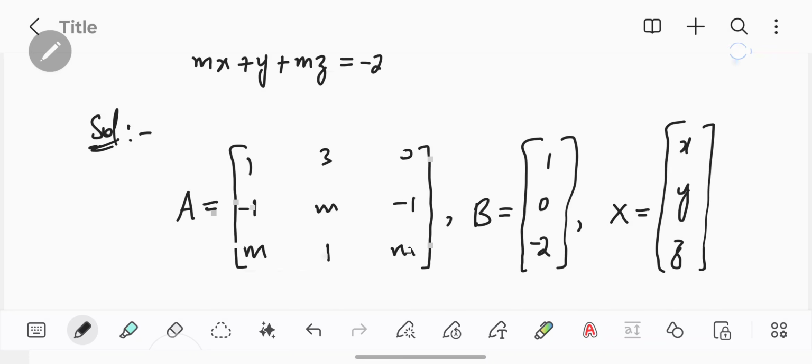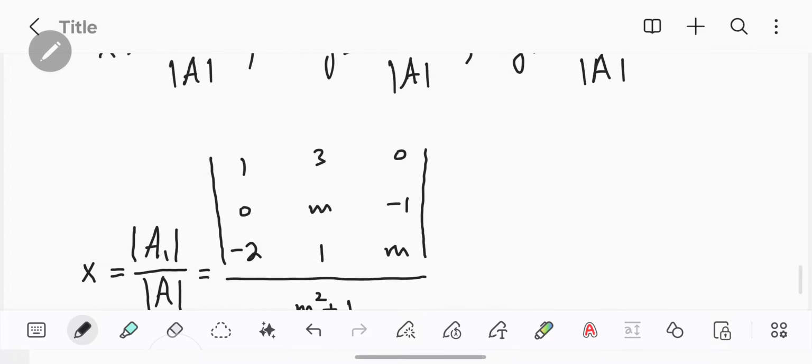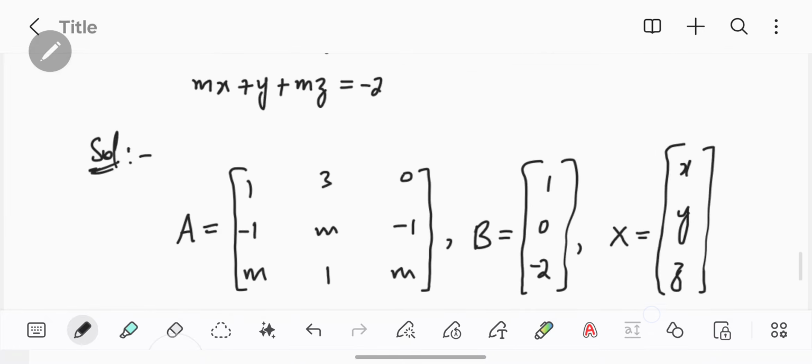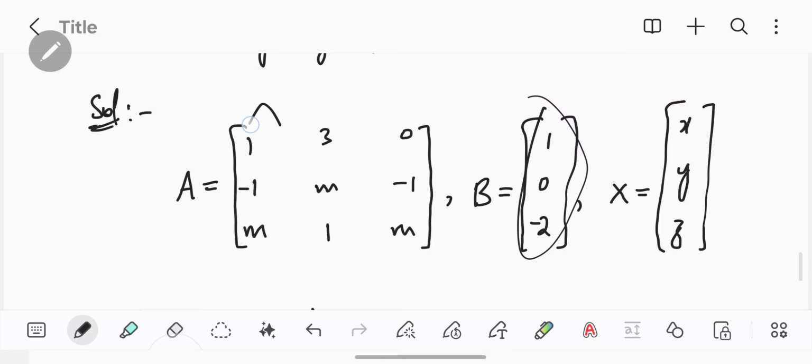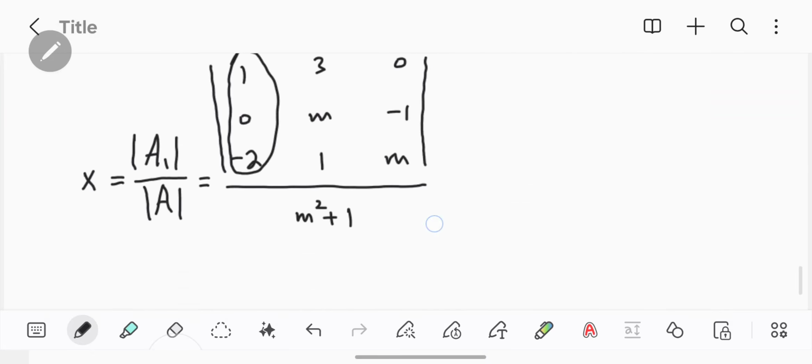Make sense? So what I have done, I have written matrix A, but its first column I have replaced by B. You can check. My B was 1, 0, minus 2. If I write this here and the other two columns as they are, we will get this matrix, okay?